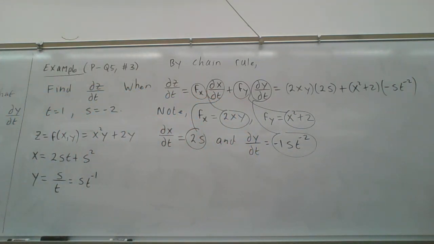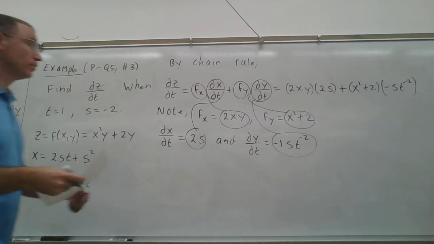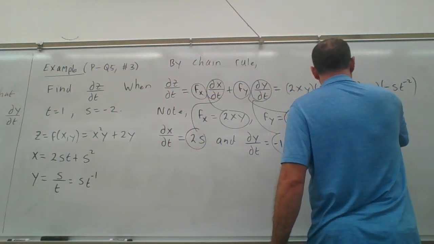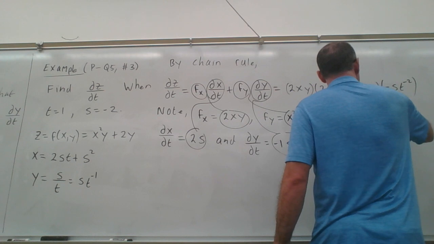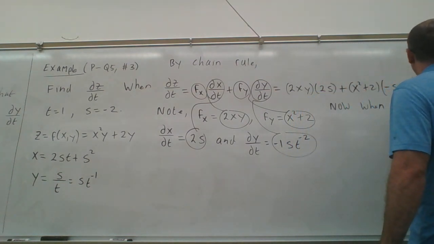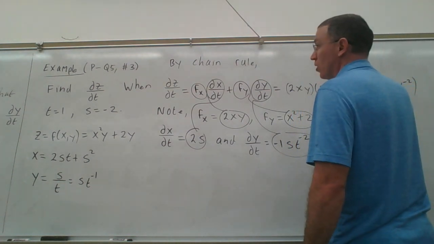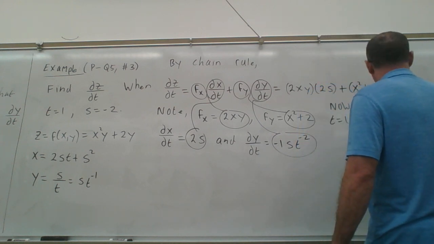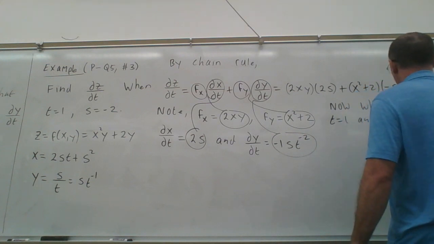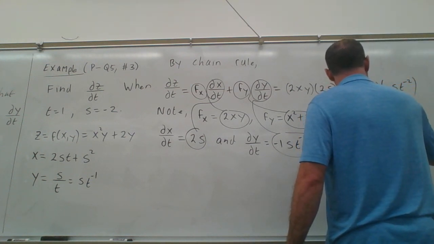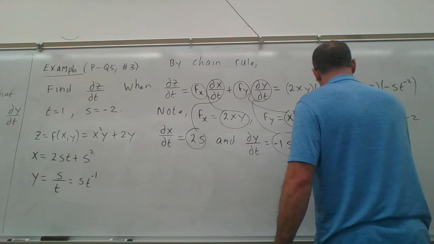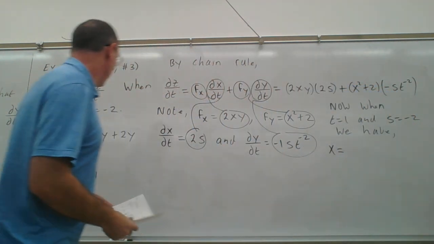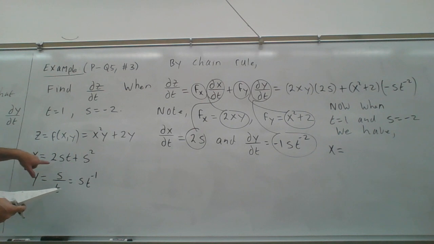Okay? So now, say our t is 1 and s is minus 2, we have, so our x then, well, our x is, where is it? Oh, right here. So we're going to put 1 in place of t, negative 2 in place of s.